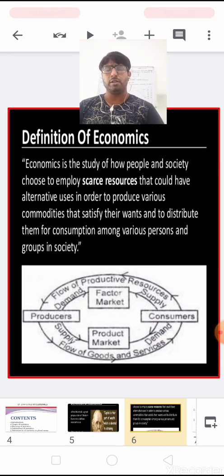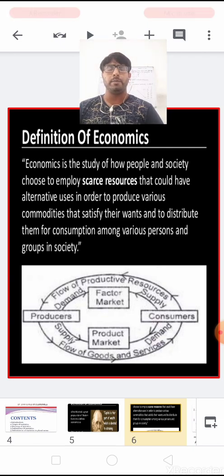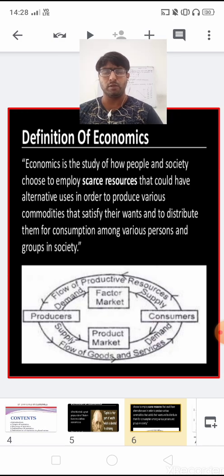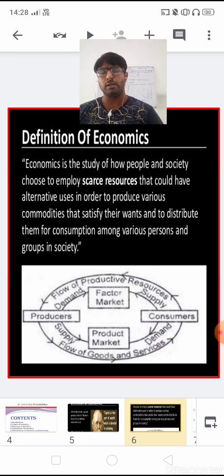So the definition of economics can be understood as: economics is the study of how people and the society choose to employ scarce resources that have alternative uses in order to produce various commodities that satisfy wants and distribute them for consumption among various persons and groups in society.